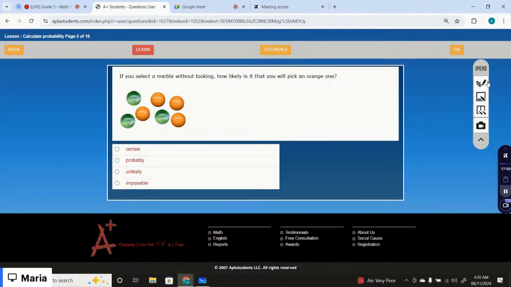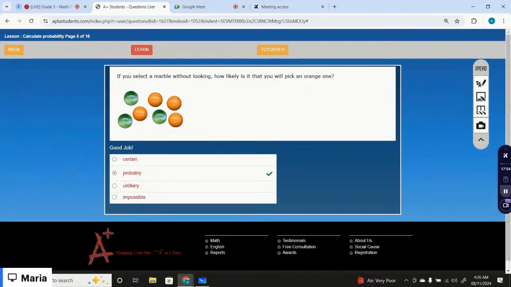Because it has four orange and three green, so it will probably land on orange.